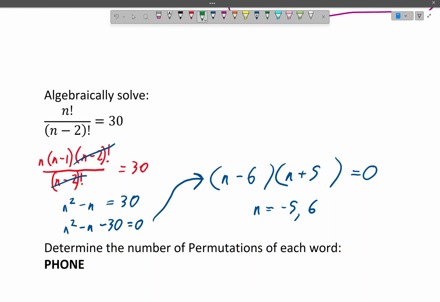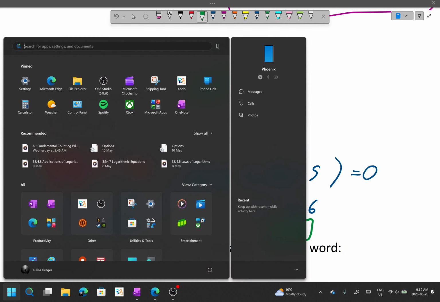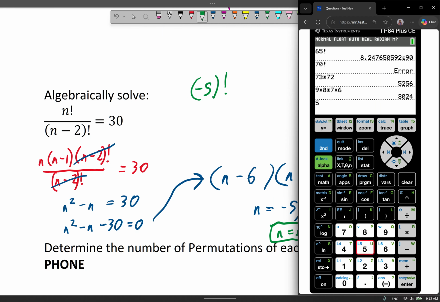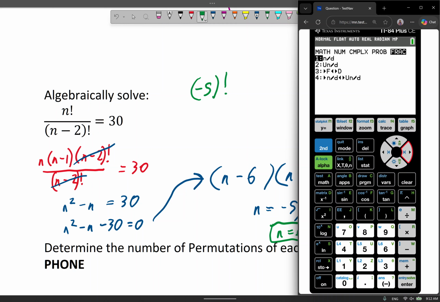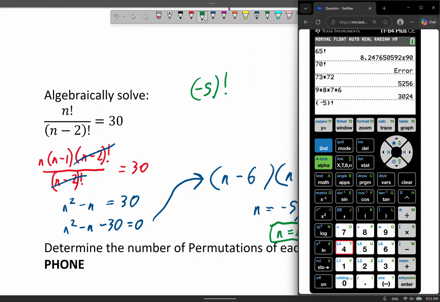However, n only equals the positive version. Why is that? Because we cannot have a factorial of a negative number. It's not really a proof, but I'll go ahead and show you by trying this in my calculator.